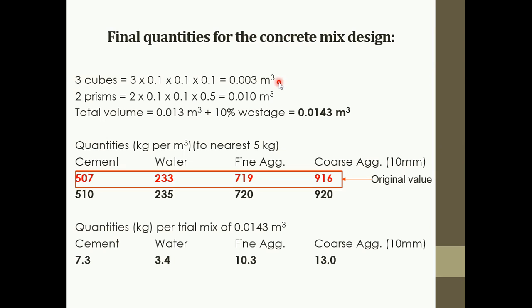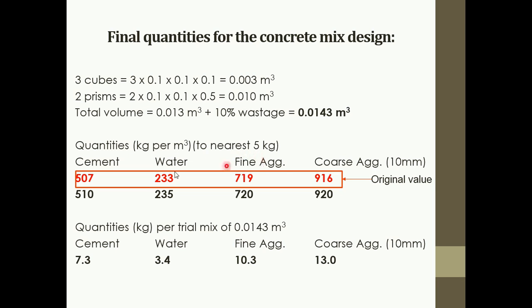You calculate the volume of 3 cubes and also 2 prisms, and then add 10% wastage. So you get your total volume equals 0.0143 meter cube. Here are the quantities that we get. The red one is the original value that we get from the mix design form just now, but this one you need to round off to the nearest 5 kilos.